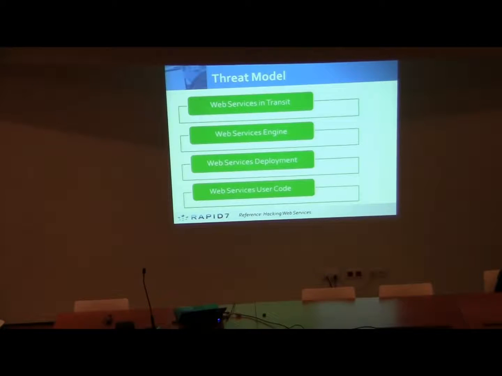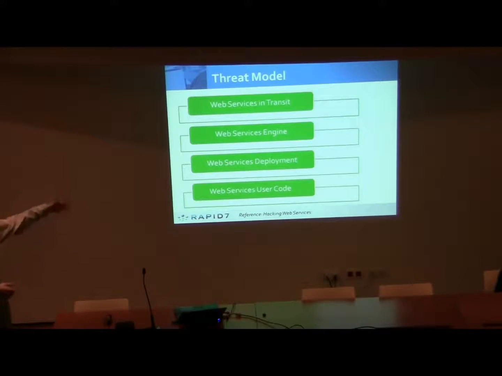Well, we found a great reference in the Hacking Web Services book, which basically said, here are four different layers that break down the security for a web service. If you're testing each one of these layers, then you've defined what you mean by security, so it's referenceable and you can give good resources to the developers. First, in-transit communications, specifically when we talk about things like SSL, what type of attack would that actually prevent?